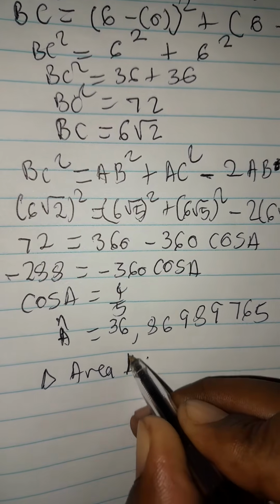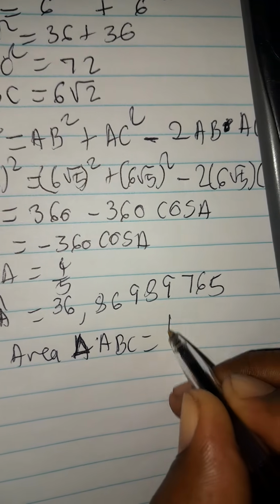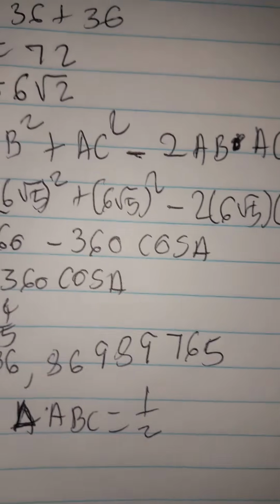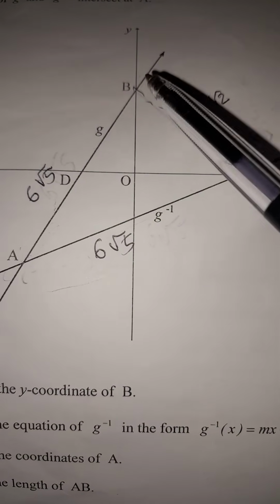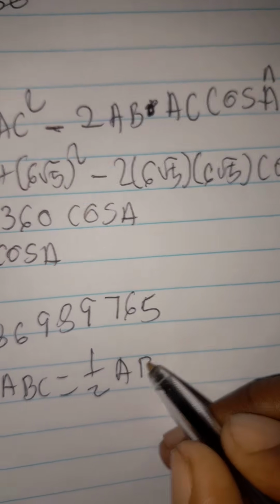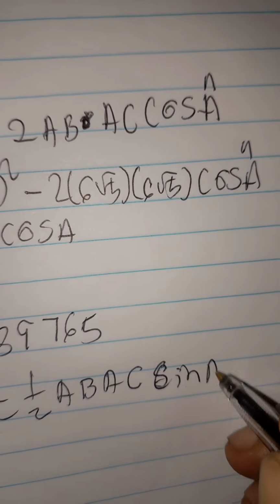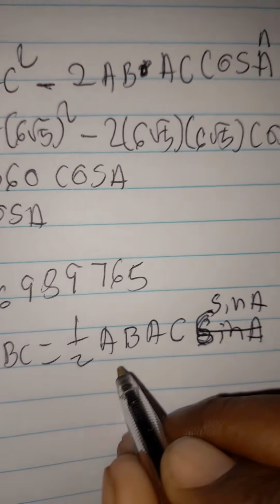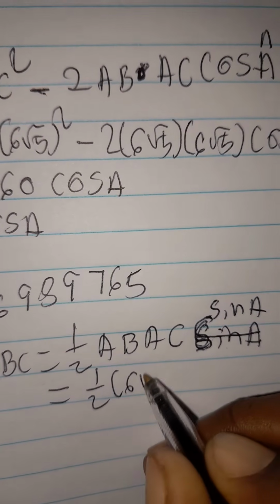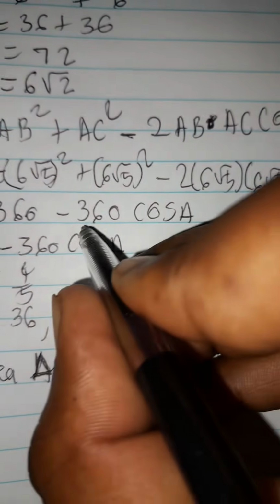Remember, to find the area with two sides and an included angle, we use the sine area rule. So the area of triangle ABC is going to be half AB multiplied by AC, those are the two sides, multiplied by sine A. Don't say cos, it's sine A. So we put AB as 6 root 5 and AC as 6 root 5, times sine of 36.8698.